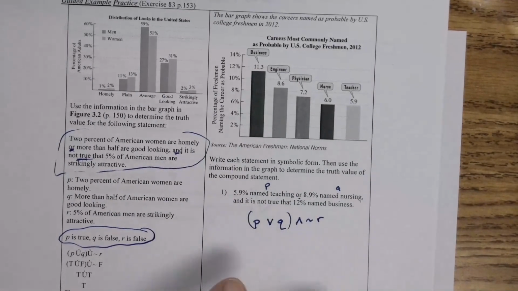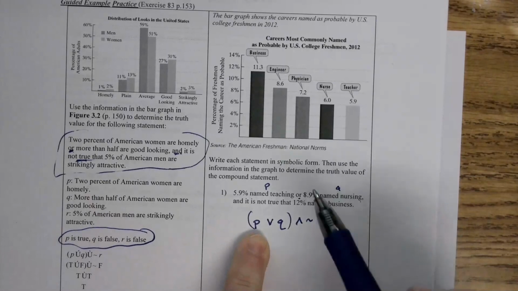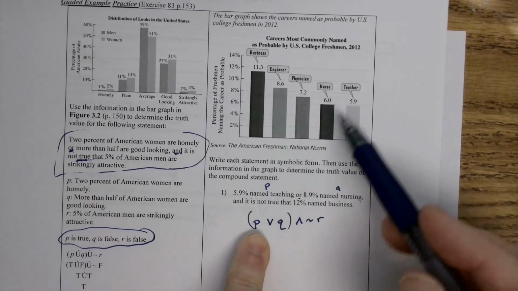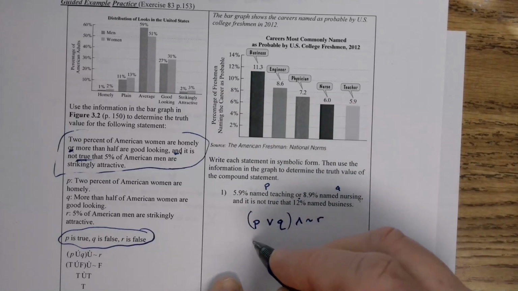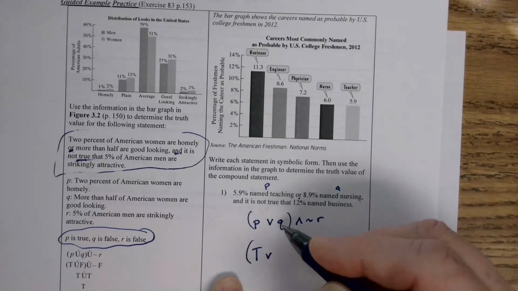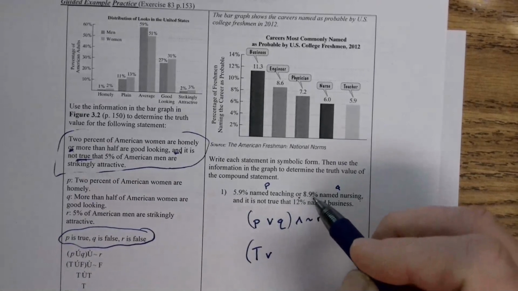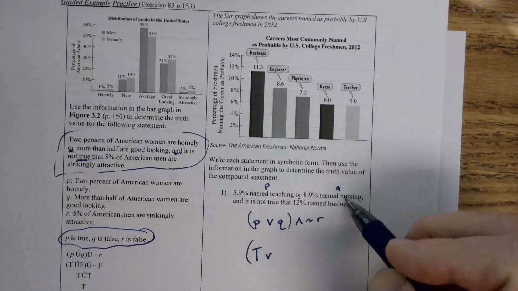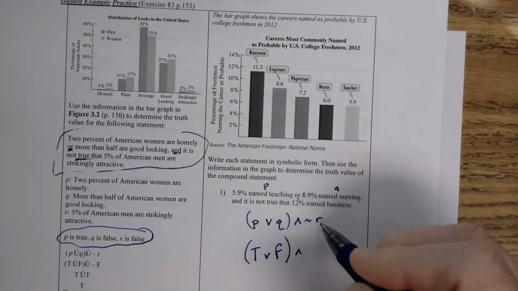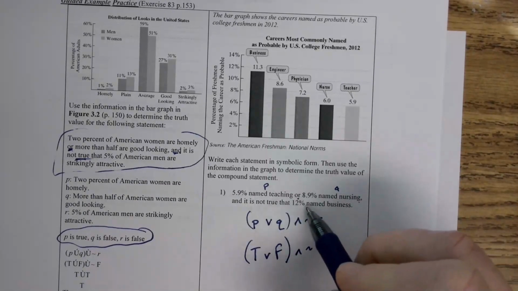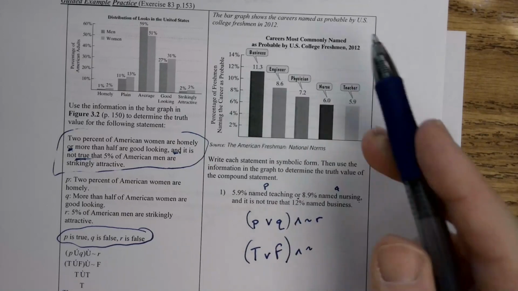Is P true? 5.9% name teaching. Yes, so that's true. Is Q true? 8.9% said nursing. No, that's false. And not R. What's R? R is 12% name business. That's false.